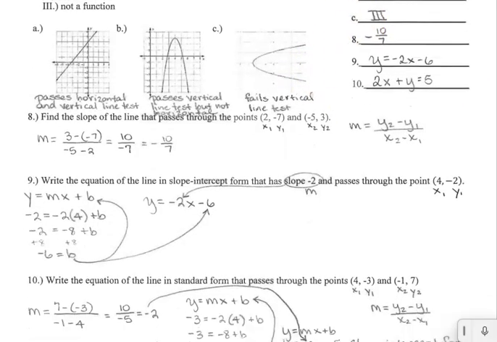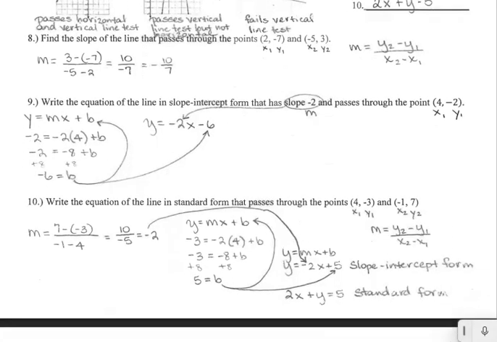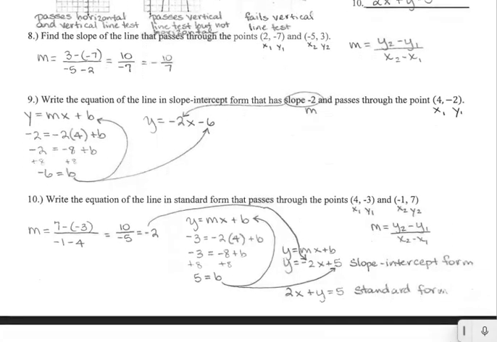All right, then that was section 3.7. Then we moved into section 4.1, which was a review of section 2.2 and all of our things about slope and graphing lines. So to begin with, they gave me 2 points and they asked me to find the slope. So I know my slope is going to be y2 minus y1 over x2 minus x1.